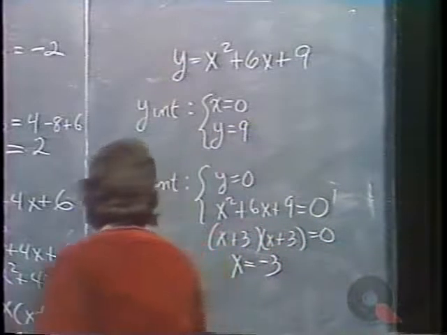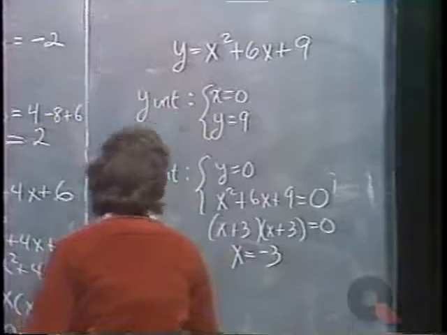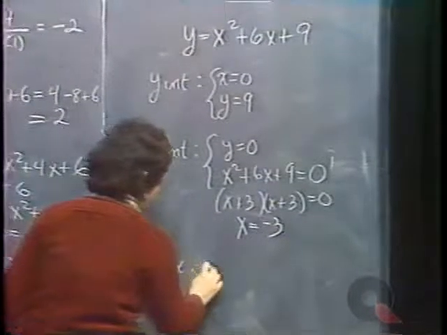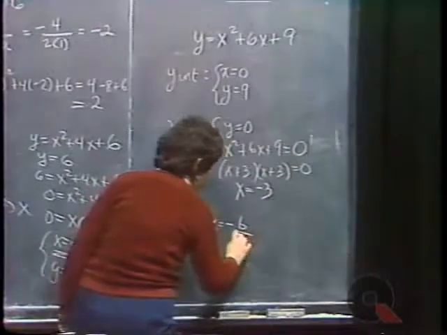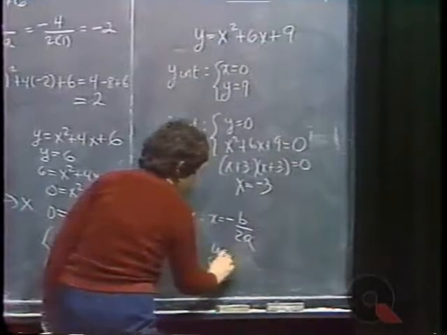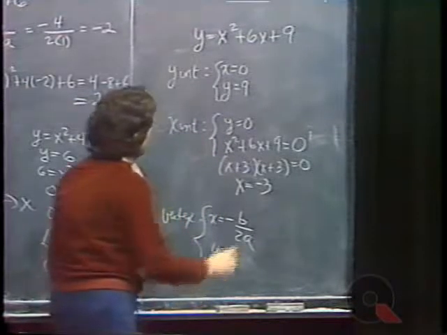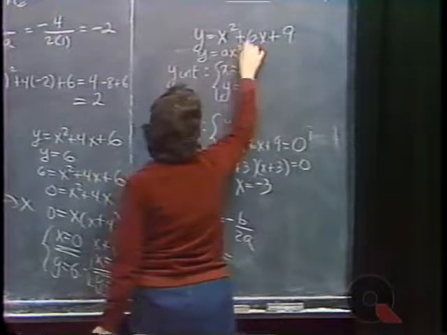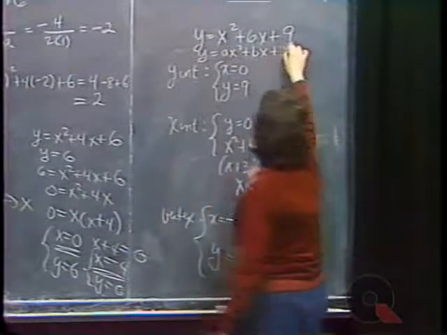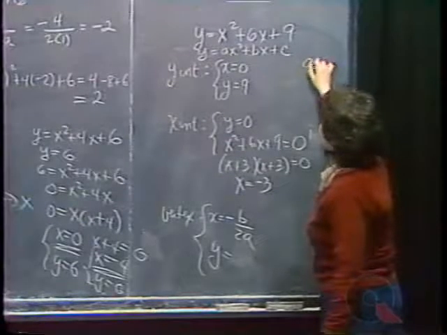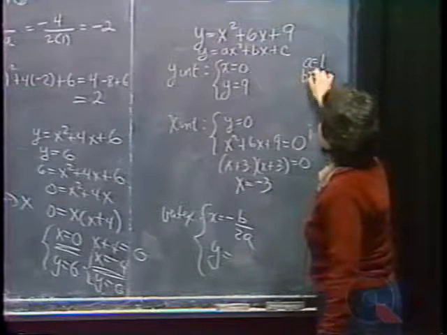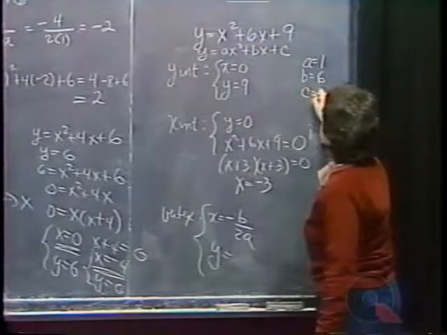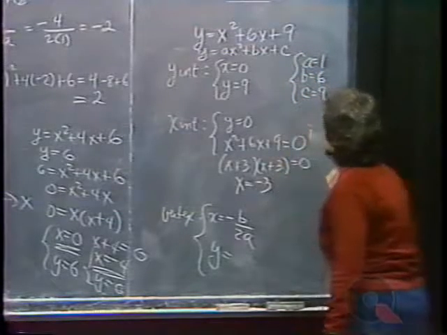Let's now find the coordinates of the vertex. X is equal to minus b over 2a, and then you substitute to get y. Matching this to y equals ax squared plus bx plus c, a is equal to 1, b equals 6, c equals 9.